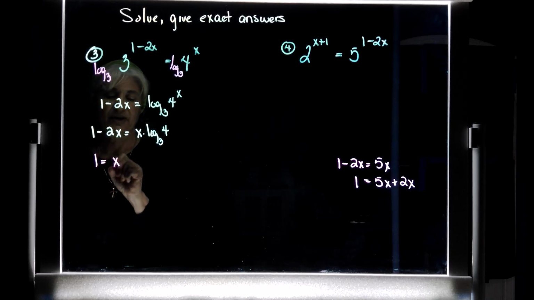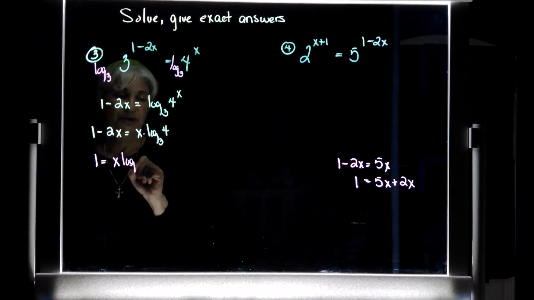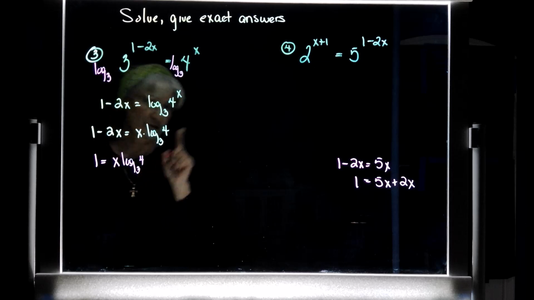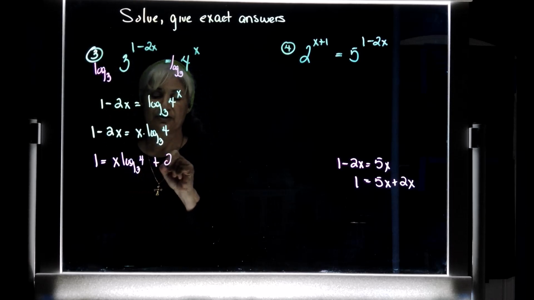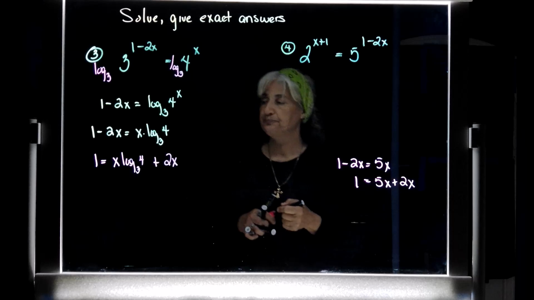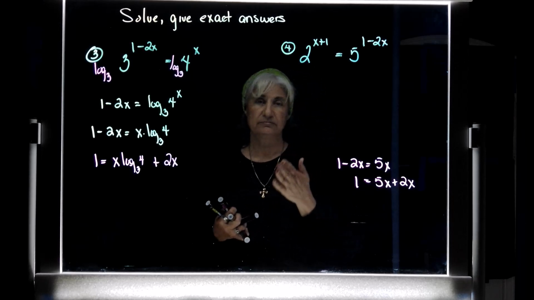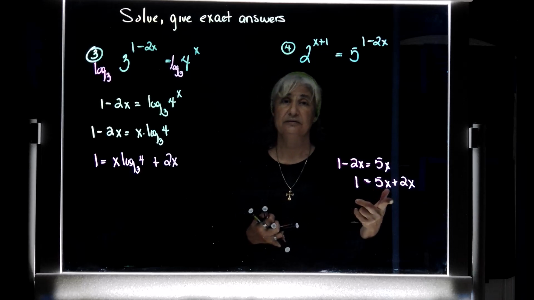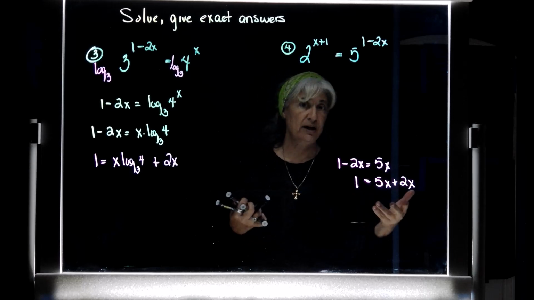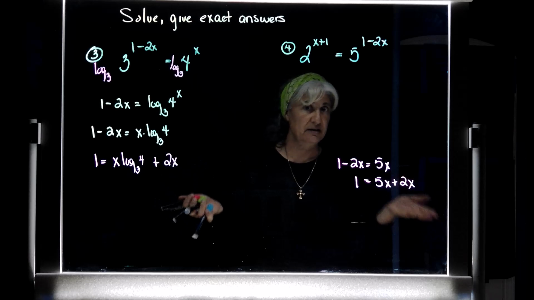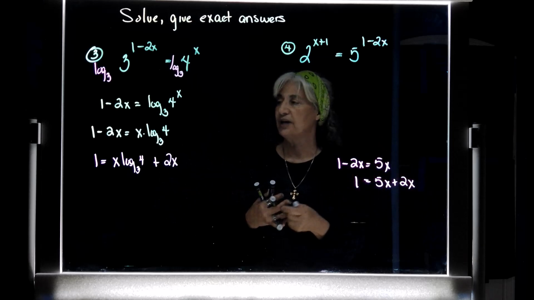Okay, so I have 1 equals log base 3 of x times log base 3 of 4 plus 2x. I agree. Okay? You're like, now what? You would add, right? You would add the 5 and the 2 and you would get 7. I'm in agreement with that.